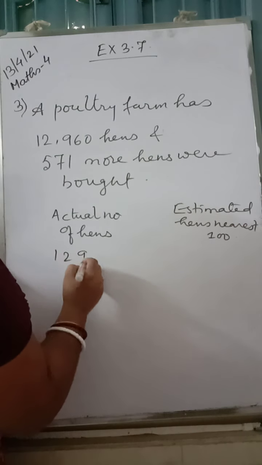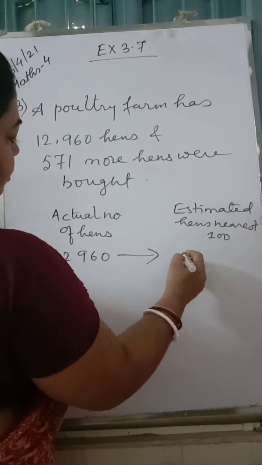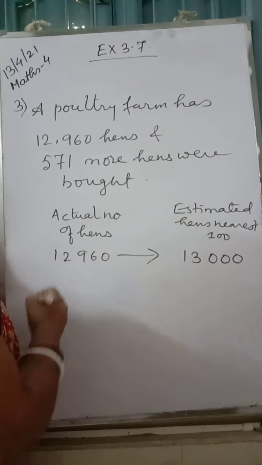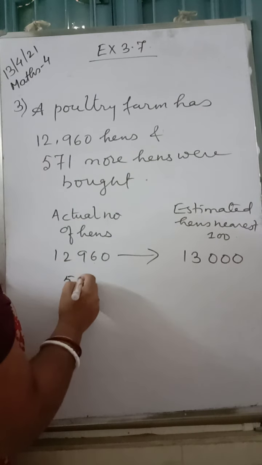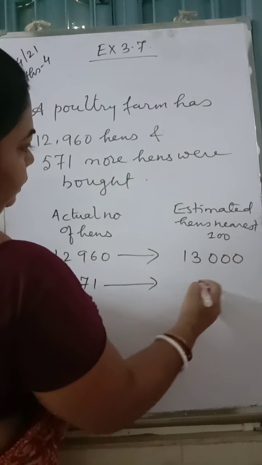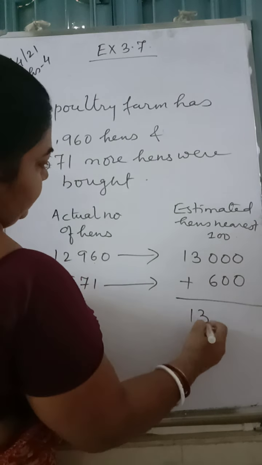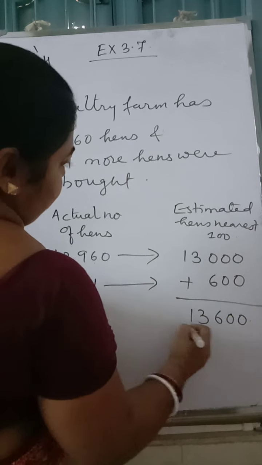So 12,960 would be estimated to 13,000 because the 10s plus is more than 6, and 571 would be rounded to 600. So how many estimated hens are there? 13,600.